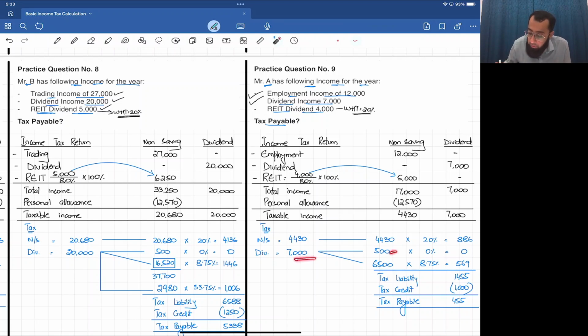Then dividend income, first 500 at 0%. Obviously there was a lot remaining in the basic rate band, so there was no need to make this working. It was apparently all within the basic rate band because the band is 37,700. You tax the dividend income at the basic rate of 8.75%. You adjust your advance tax to arrive at the value of tax payable.